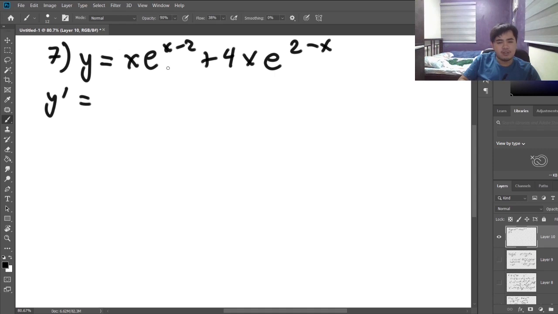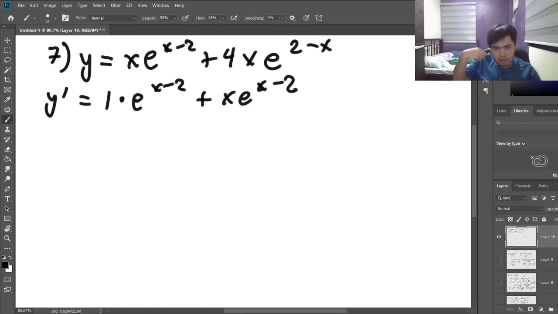So y prime is equal to, this is another product rule situation. So we start with the derivative of the first, 1 times e to the x minus 2 plus x times e to the x minus 2. Derivative of x minus 2 is just 1, so we don't have to touch that. Plus, another product rule situation.